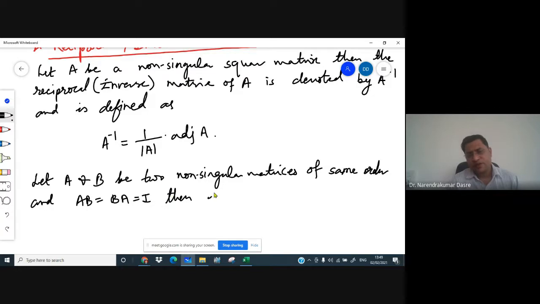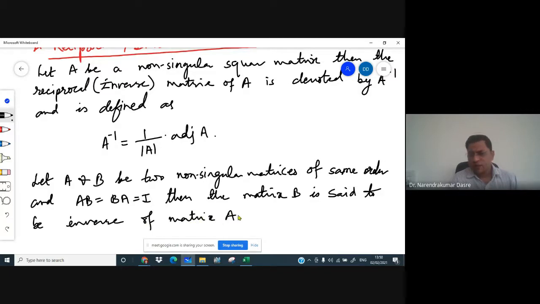Then the matrix B is said to be the inverse of matrix A and is denoted as B is equal to A inverse.